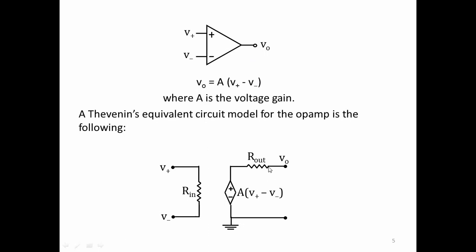If we look in, we'll see a Thevenin's voltage source in series with a resistance. The resistance is R out, which is very small, and the voltage source is A times V plus minus V minus. So it's a dependent source. Its value depends on these two voltages.